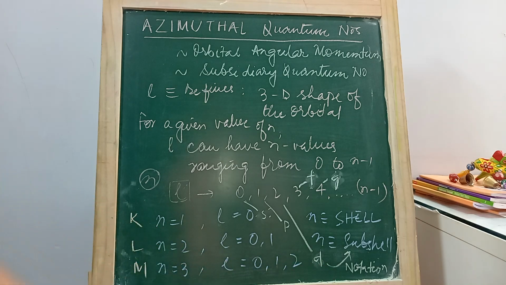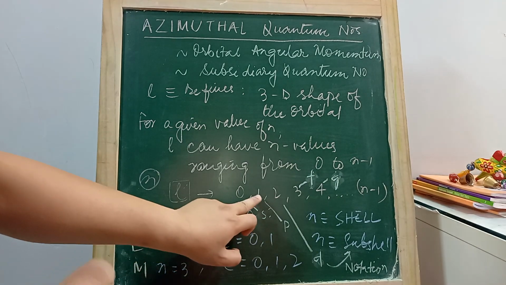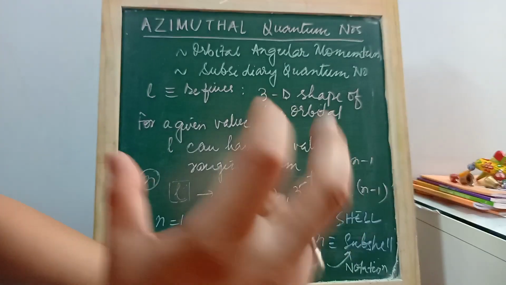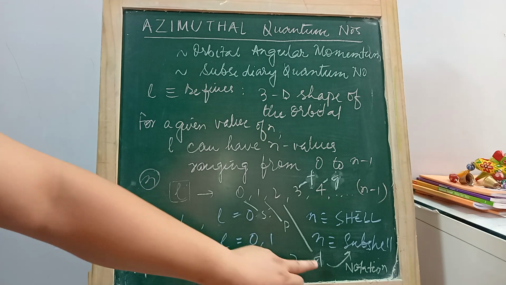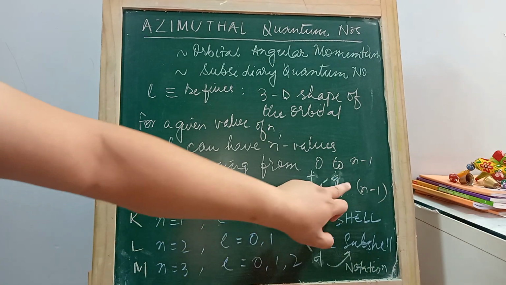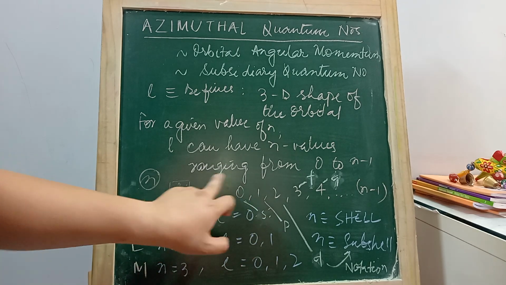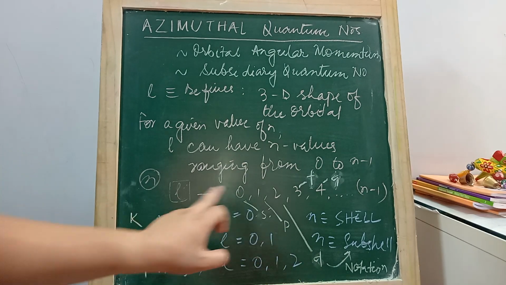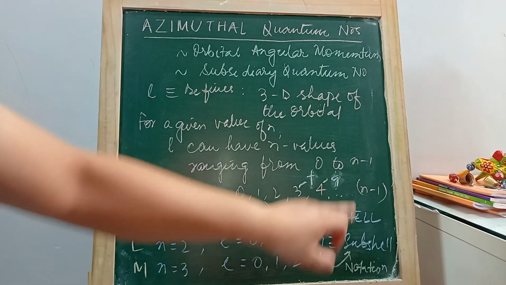And we have a notation for the azimuthal quantum number. If the value of l is 0, we denote it with small s. For l equal to 1 we use the letter small p, then small d, then small f, and small g. l equal to 0 means s, l equal to 1 means p, l equal to 2 means d, l equal to 3 means f, and l equal to 4 means g.